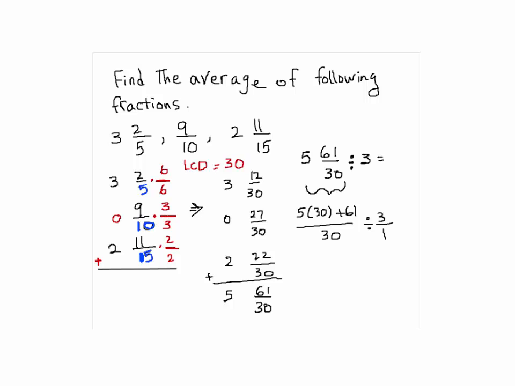So here you get 5 times 30 plus 61, which is 211 over 30. If you divide this by 3, it's like multiplying it by 1/3. So that gives you 211 over 90.